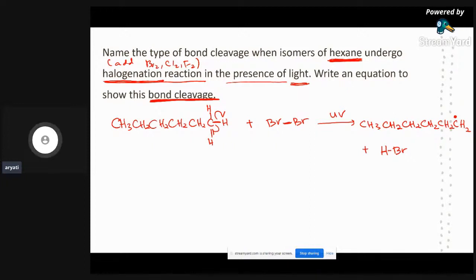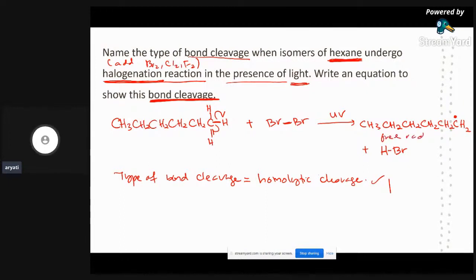Okay, so name the type of bond cleavage. The type of bond cleavage ialah homolytic cleavage. Okay, so actually kamu dah claim homolytic cleavage, dia sebenarnya nak tengok kamu punya produk kat sini ialah free radical tu.